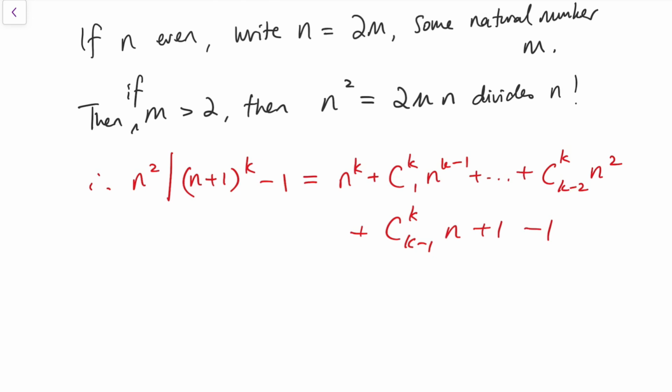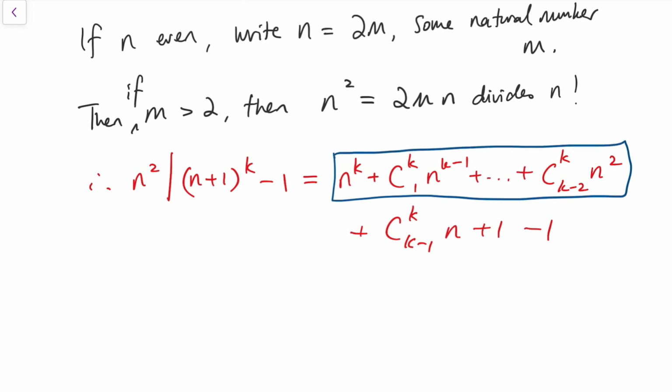But all the terms in the first part are by definition multiples of n squared. So I only have to consider the final terms, but the plus 1 and the minus 1 cancel out.